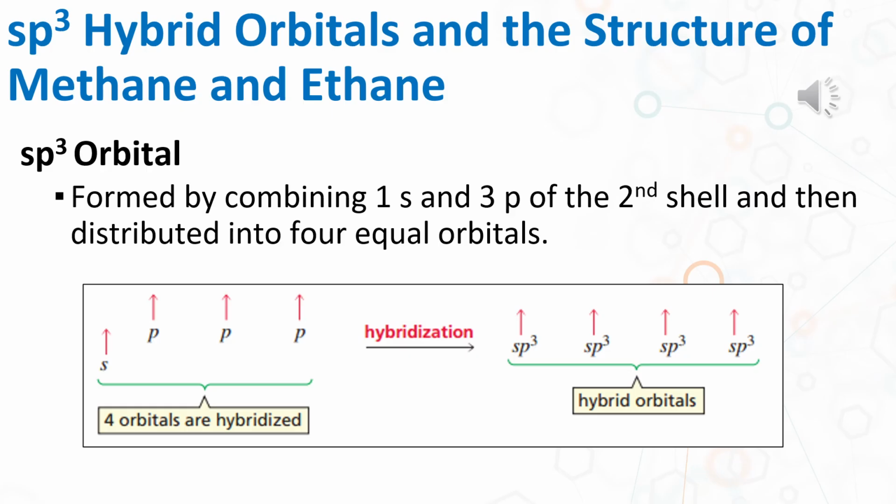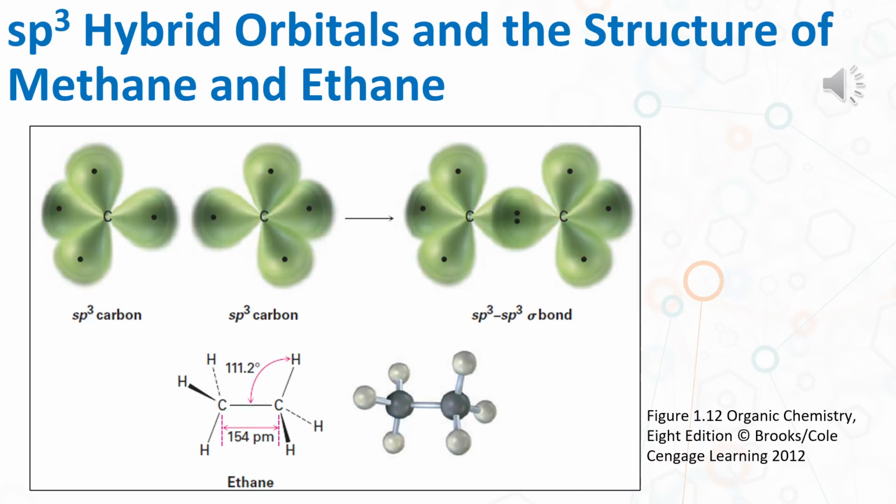A good example of sp3 hybridization is methane and ethane. The chemical formula for methane is CH4, and for ethane it's C2H6. This picture explains how the carbon bonds in methane and ethane, using sp3 hybrid orbitals, result in single bonds and tetrahedral molecular geometry.